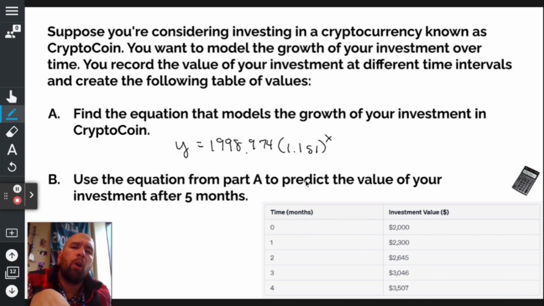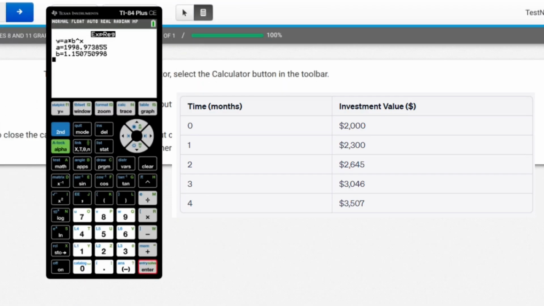Use the equation from part A to predict the value of your investment after 5 months. So I'm going to use that equation. I'm going to be a little cute about it. Okay, and I'm going to plug in 5. So now when I want to use part A to find part B and predict what happens after month 5, since I stored this into y equals, I can go to y equals, there it is, hit graph, there it is. I'm probably not going to see anything. So why don't I do this just so I can see?